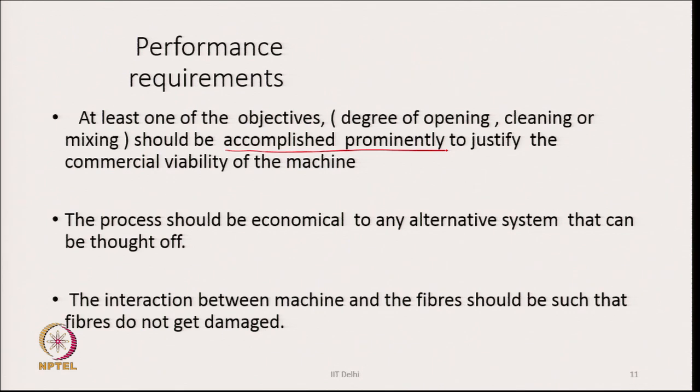The process should be economical compared to any alternative system that can be thought of, and the overall commercial viability also has to be seen.